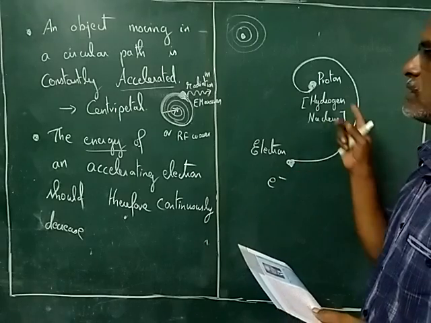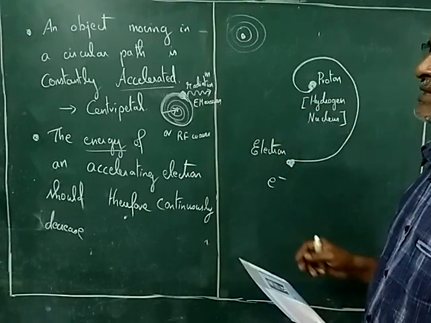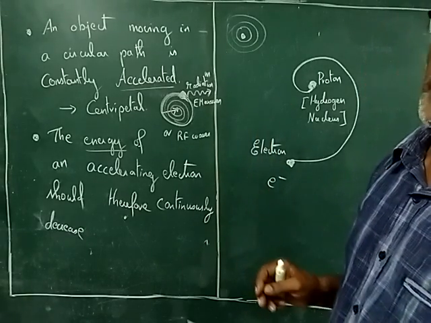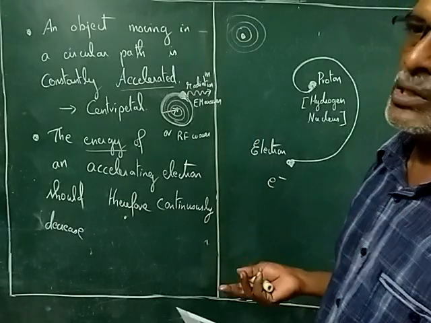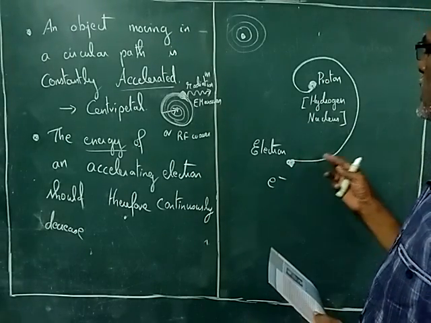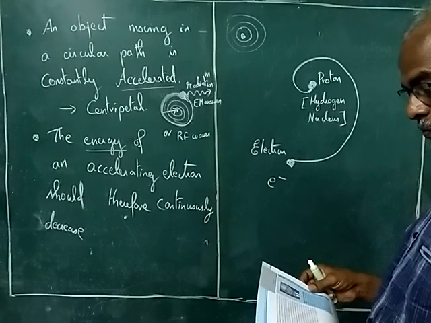Since there is a loss in energy, why is this loss happening? Because an accelerated charged particle will radiate electromagnetic waves or RF waves. Therefore, there is a loss in energy. Therefore, the electron loses energy and finally gets settled down in the nucleus or proton.